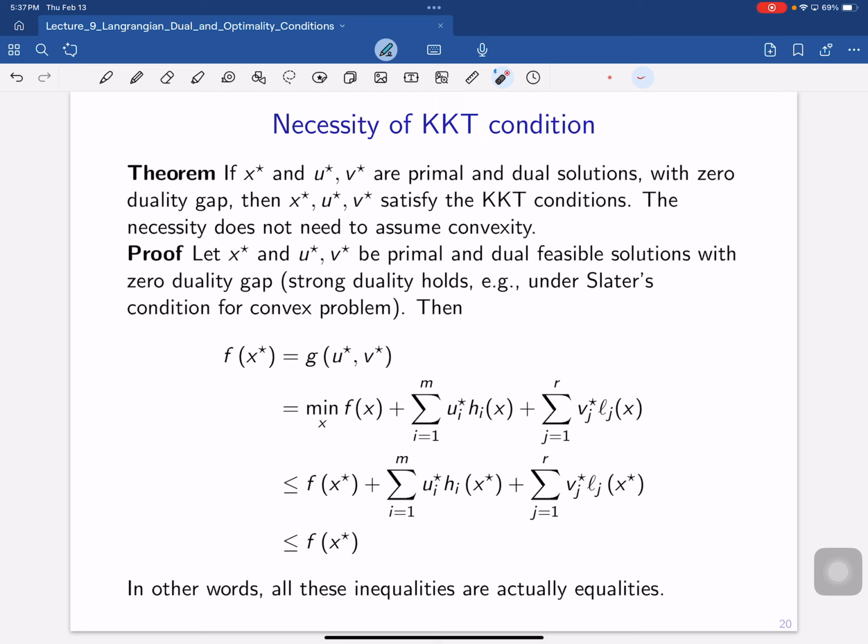The theorem here says that if x star and u star, v star are primal and dual solutions with 0 duality gap, not all problems have 0 duality gap, but at least under some condition the problem will have 0 duality gap, then x star, u star, v star satisfy the KKT condition.